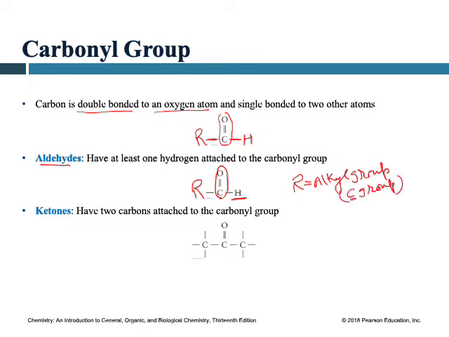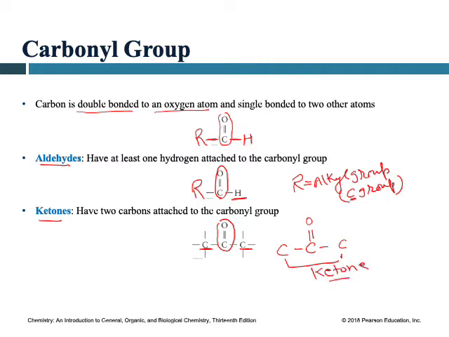Whereas in ketone, on the carbonyl group you will have two carbon atoms attached adjacent to the carbonyl group. If you can see, if you have a carbonyl group, you have a carbon atom on both sides of this carbonyl group, and this group together we call a ketone.